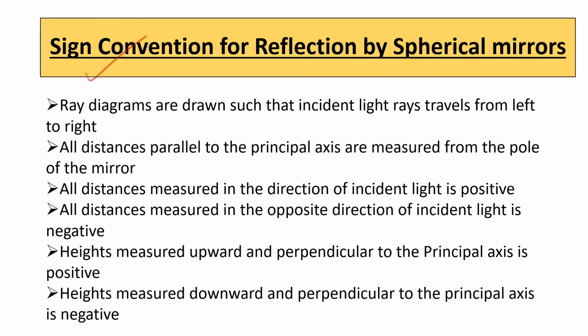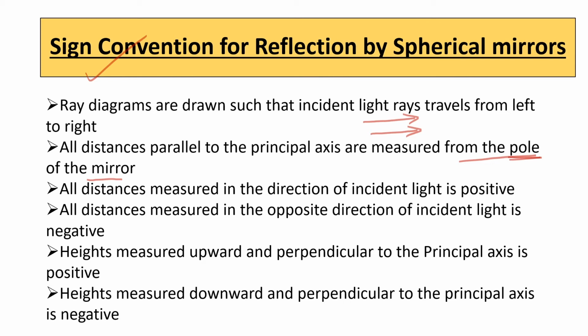The ray diagrams are drawn such that the incident light rays travel from left to right. Always the incident light ray will be in this direction. And all distances are measured from the pole. Treat the pole as the origin.